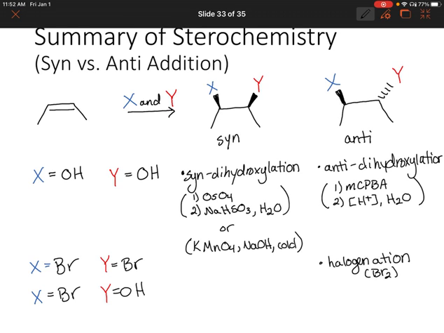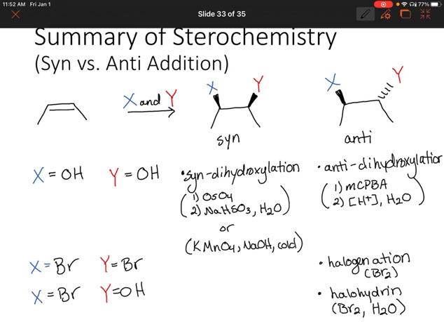And is that a syn addition or anti-addition reaction? It's going to be an anti-addition because it's similar to halogenation in that we form a bromonium ion. So the water molecule that comes in next has to come in from the opposite side because again, whatever side the bromonium ion's on is kind of blocked.